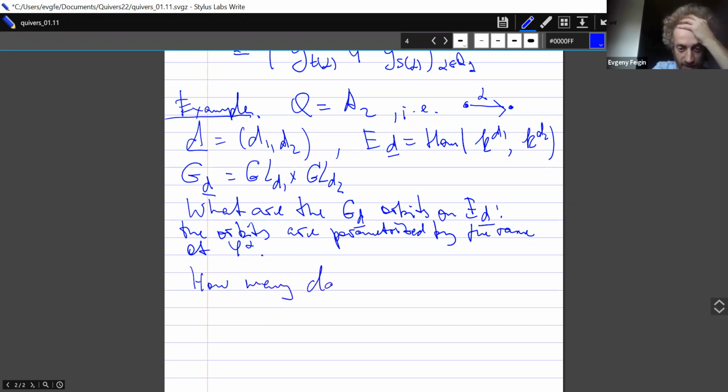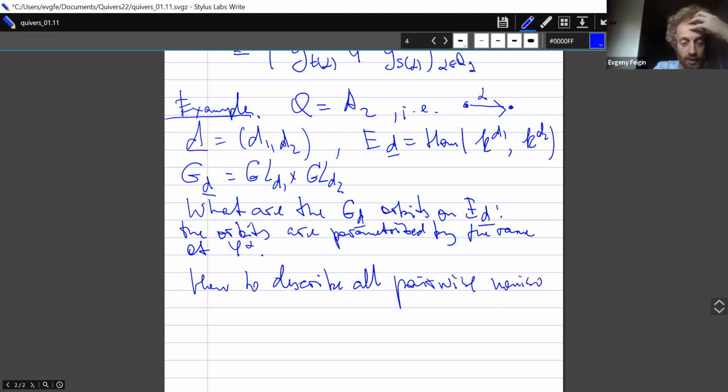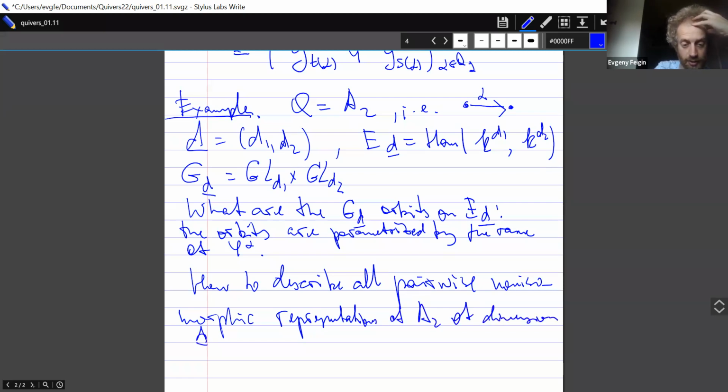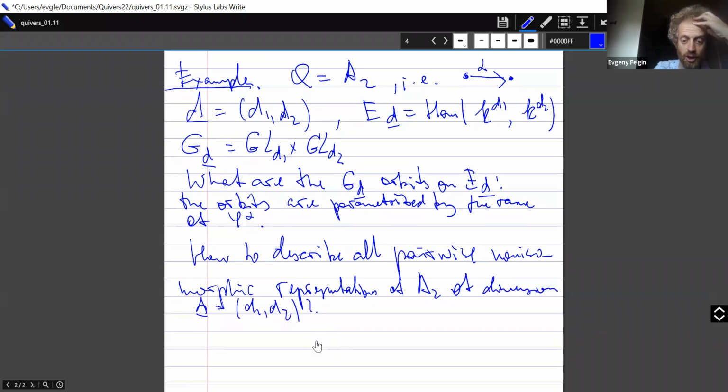How to describe all pairwise non-isomorphic representations of A2 of dimension D. While we are still in the same situation, so we have A2 and dimension D, which is D1, D2, and we are looking at all pairwise non-isomorphic representations of this quiver of this given dimension. So how can you say what they are?